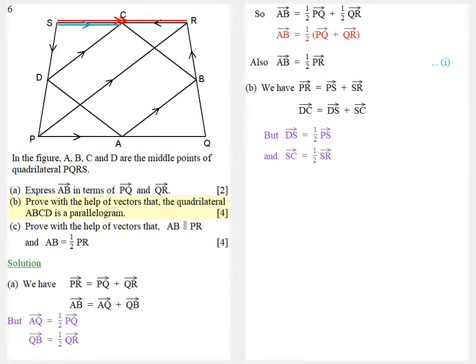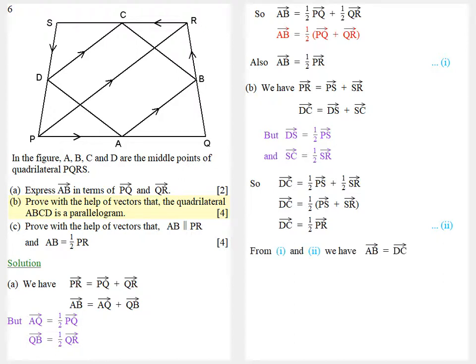And we can see SC is a half of SR. So DC is equal to DS plus SC means DC equals a half PS plus a half SR. So DC is equal to a half into PS plus SR. So DC is equal to a half PR. We'll call that equation 2.